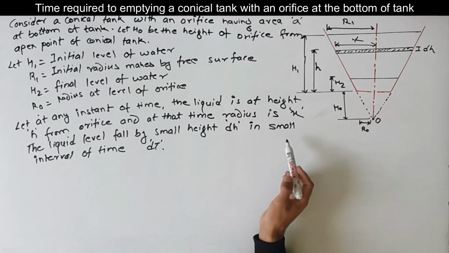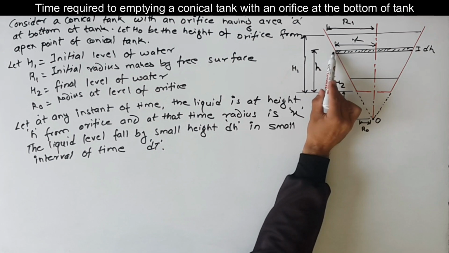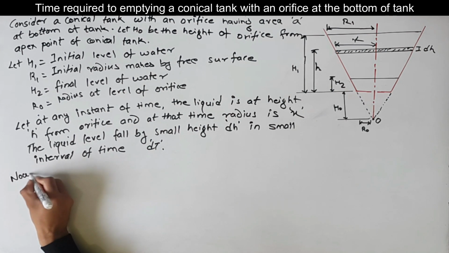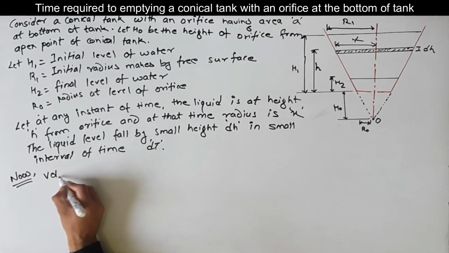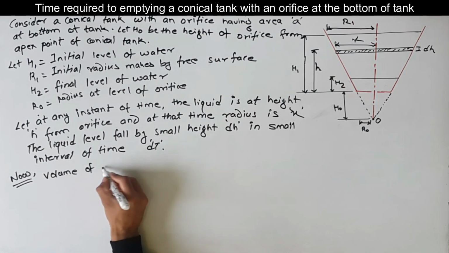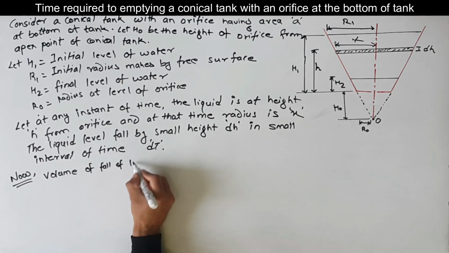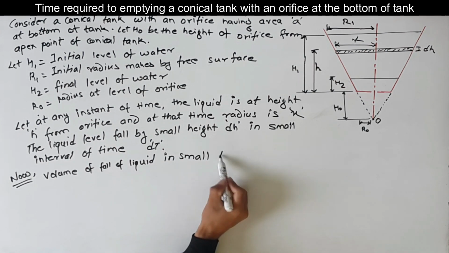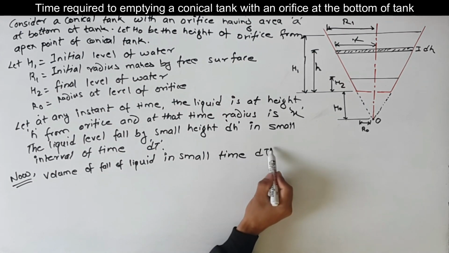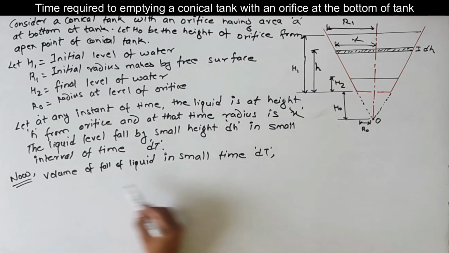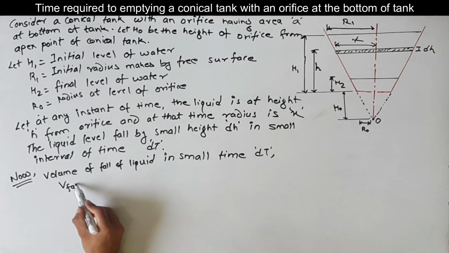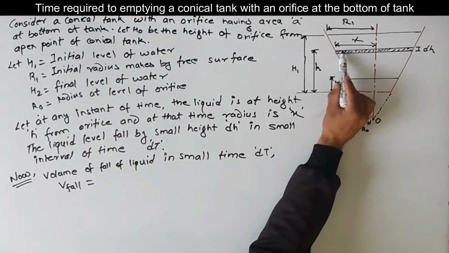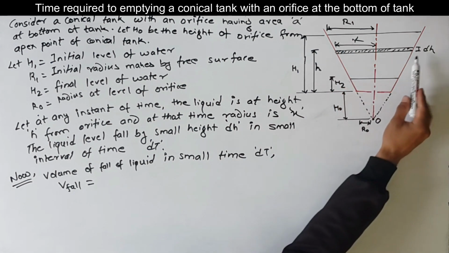Now we can calculate the volume of fall of liquid level in small time dt. Let this be V fall, the volume of fall. The volume that falls here is area into this height.